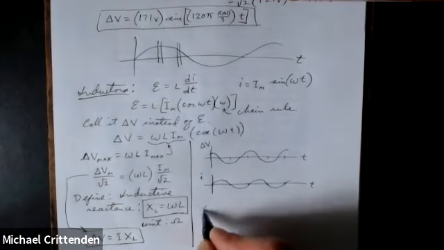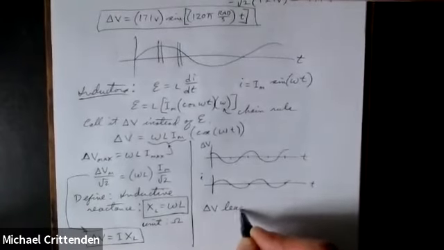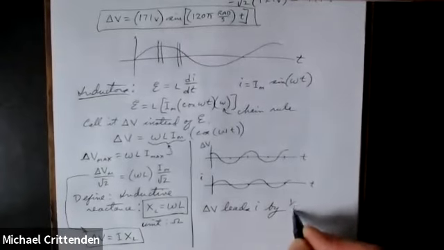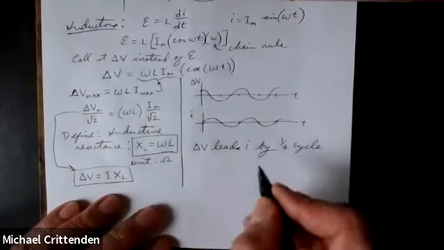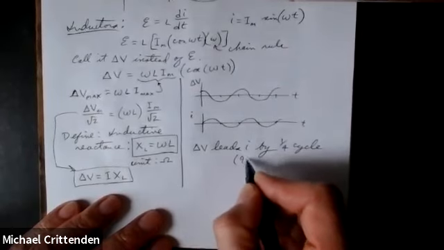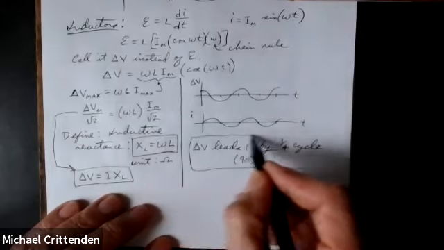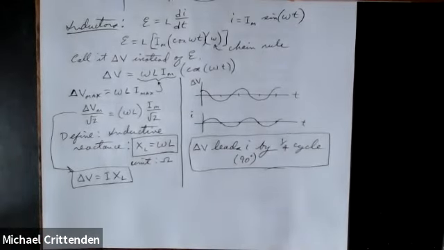Voltage leads the current by 1/4 of a cycle, in other words, 90 degrees. So that's the phase relationship for this thing.